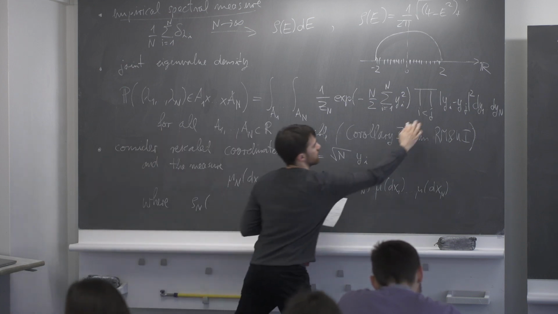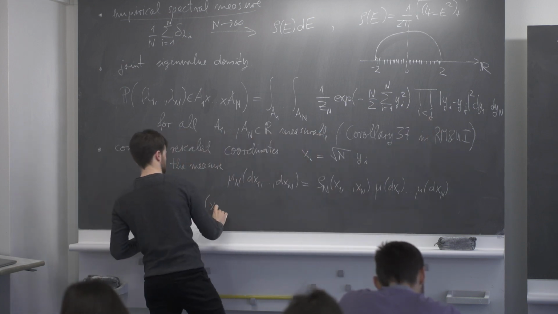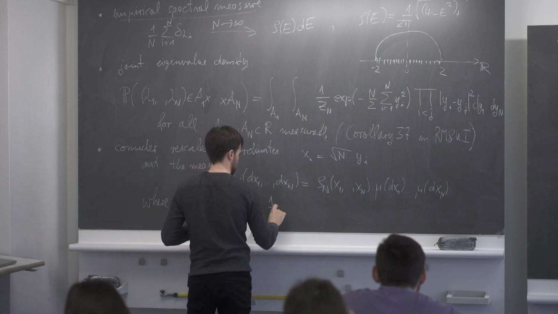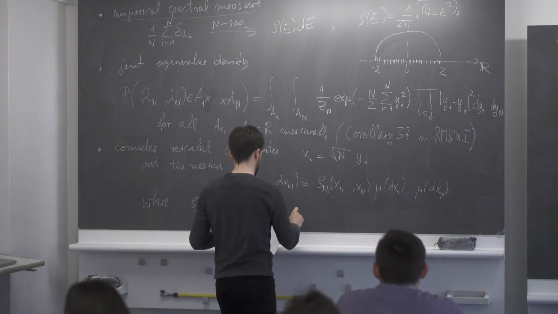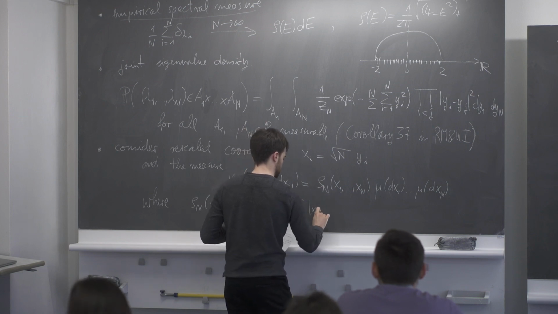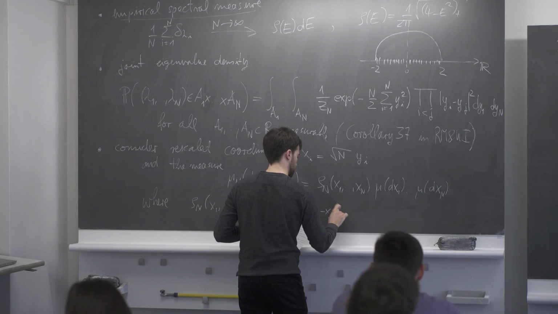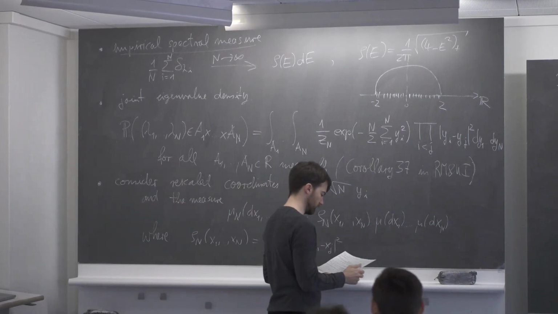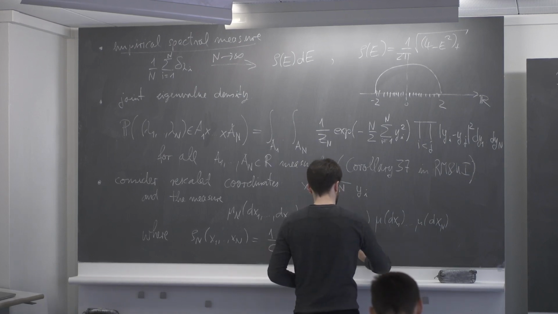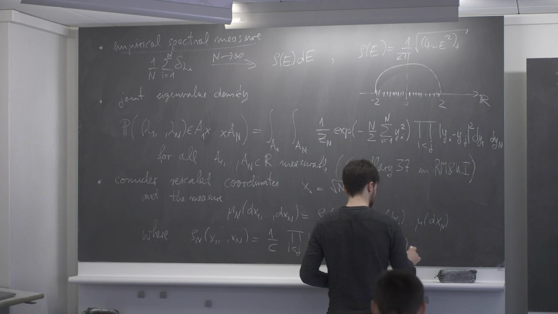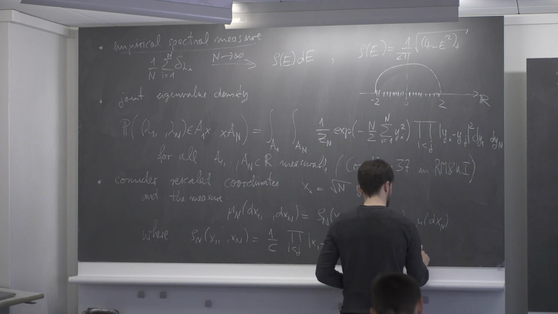So rho_n of x1 up to xn is some normalization constant which I don't care about, which will of course depend on n, and then we have the differences of the x_i minus x_j squared, and the mu is just the standard Gaussian measure on R. So that looks as follows.